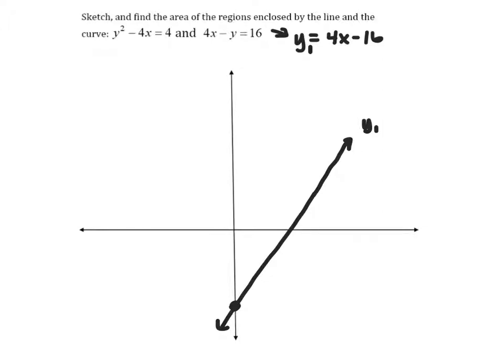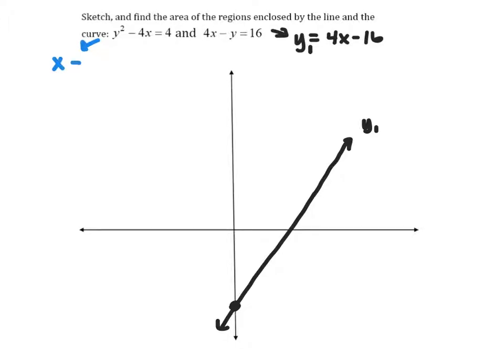It's probably going to be easiest, and this may or may not resonate with you right away, but it might be easiest to graph this if we had this in terms of x, because it's not going to be a function. Right? If I have y squared, I'm going to have two possible outputs for every input. Therefore, I'm going to solve for x. That would mean subtract y squared and divide by a negative 4.